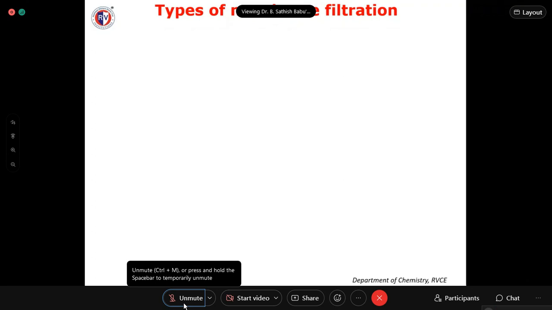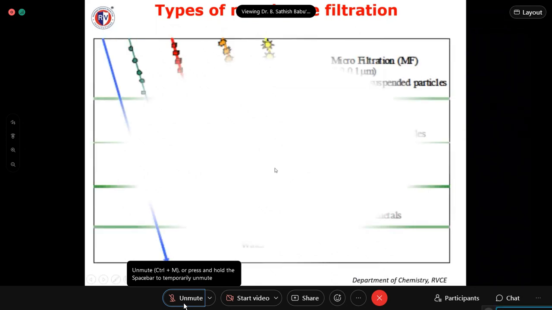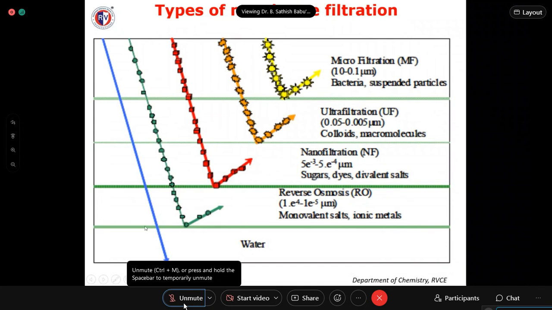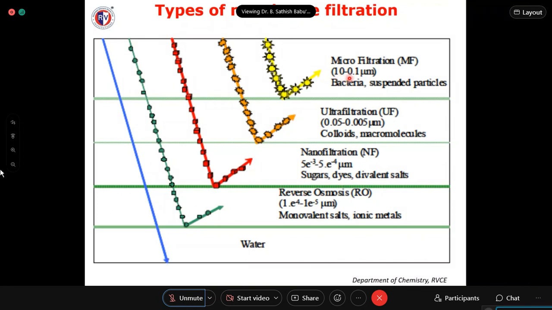Now, what are the types of membrane filtrations? Based on the filtration type, these membranes are also classified. I'll show you one diagram here. You can see in this first membrane, you can filter only the particles or substances having a particle size from 10 to 0.1 micrometer.